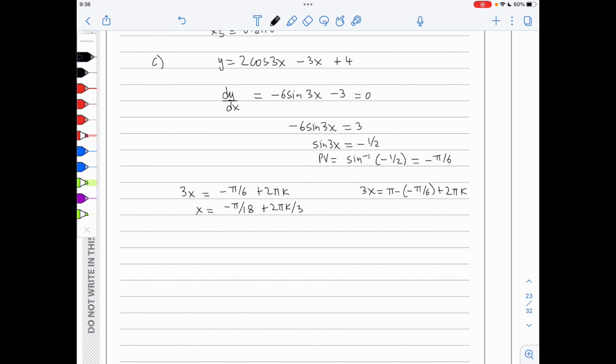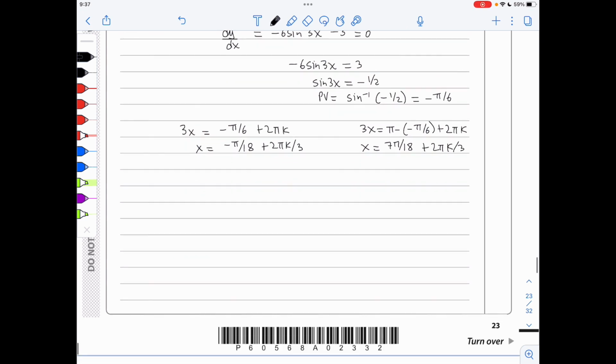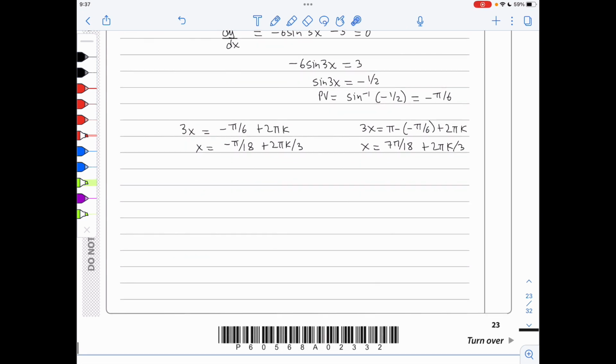over 3, or x is 7 pi over 18 plus 2 pi k over 3. If I set k to be 0, this will give me a negative answer. I don't want it. If I put k to be 0, I get 7 pi over 18. That's the first positive solution.